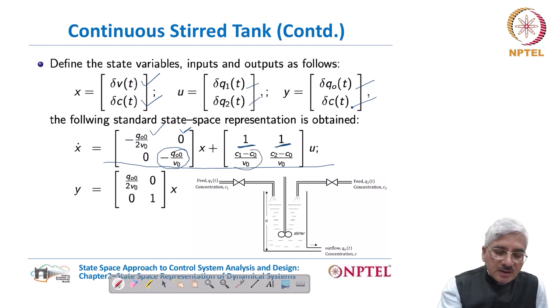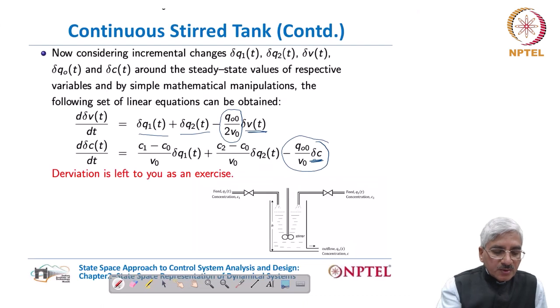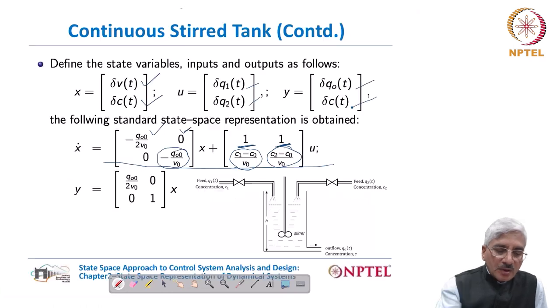And the other two coefficients are the coefficients of the inputs, the two feed rates. So this into Q10 and this into Q20. These are the multipliers to the two feed rates. So these two quantities go in the input matrix here and here.